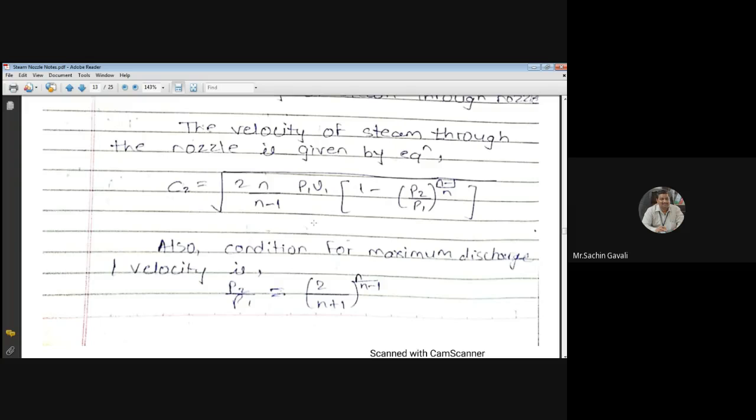Therefore C2 is equal to, now when we put the value of the critical pressure ratio in C2... Repeat the sentence. Substituting value of critical pressure ratio in the above equation, that is, P2 upon P1 is equal to 2 upon n plus 1 raised to n upon n minus 1.